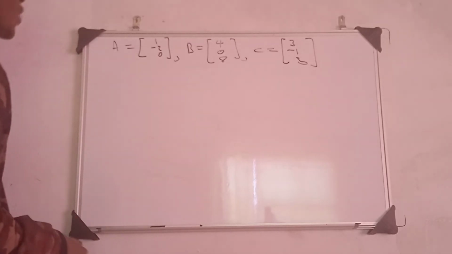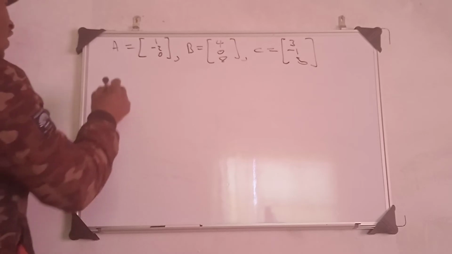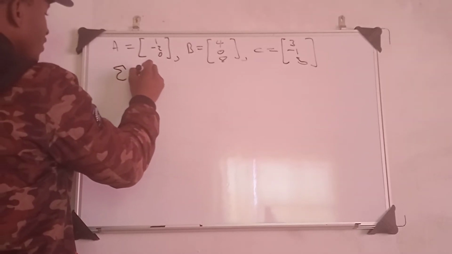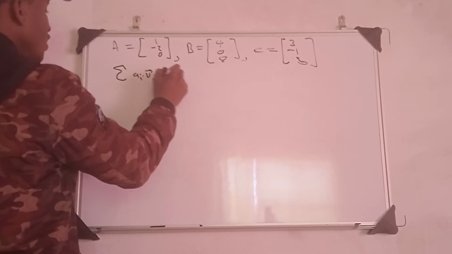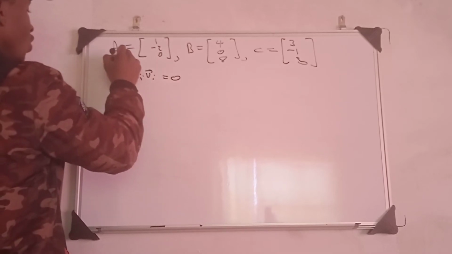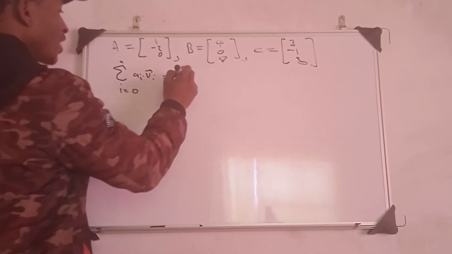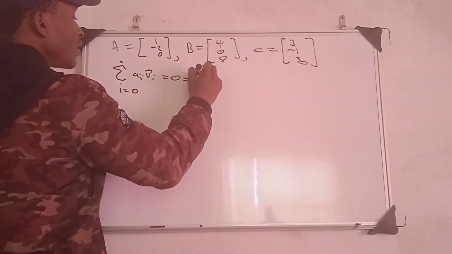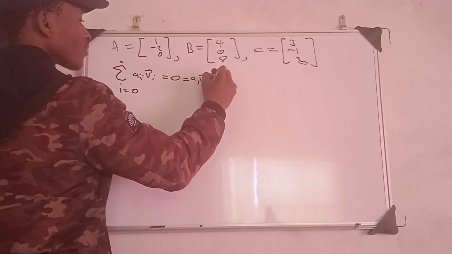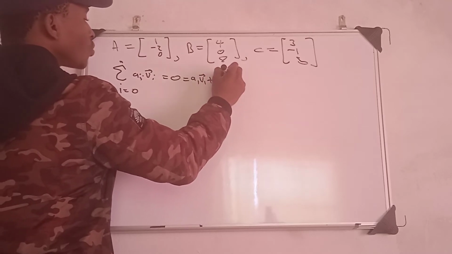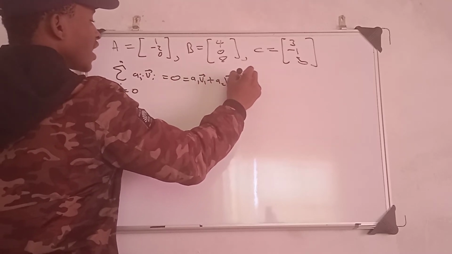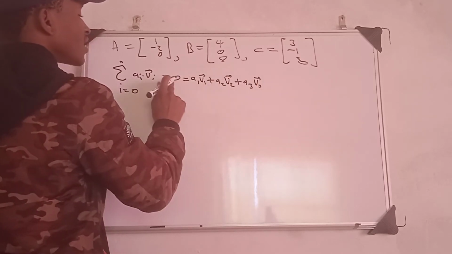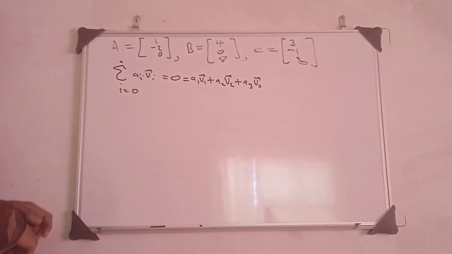So the thing that we can do is that we know that the summation of AI times Vi equals to 0, from I equals to 0 all the way up to n. But this can be expanded to A1 V1 plus A2 V2 plus A3 V3, and is equals to 0.